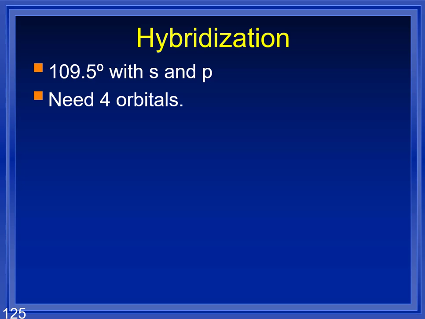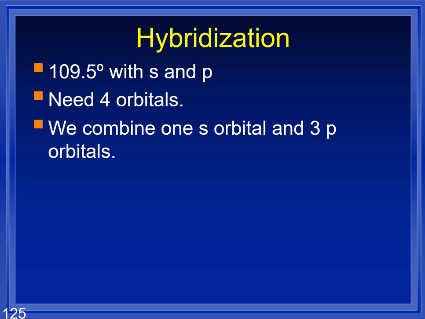I need 4 places to put electrons. So 4 orbitals, which recipe do I need? Which recipe makes 4 orbitals? sp3 makes 4 orbitals, so I'm going to put together my 1 s and my 3 p's to make my sp3 hybrid.